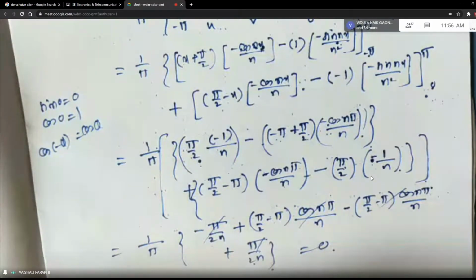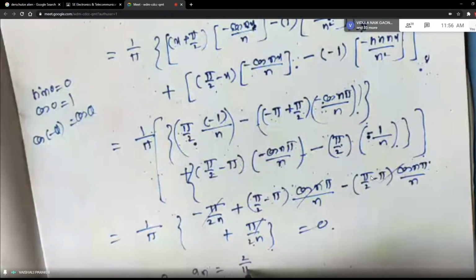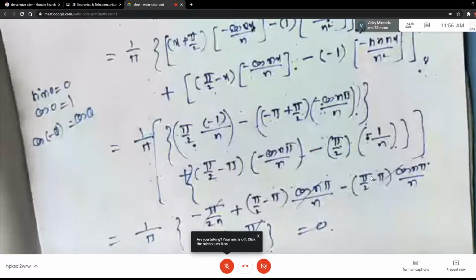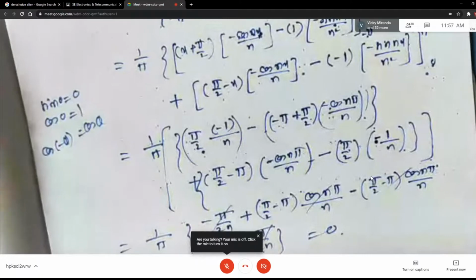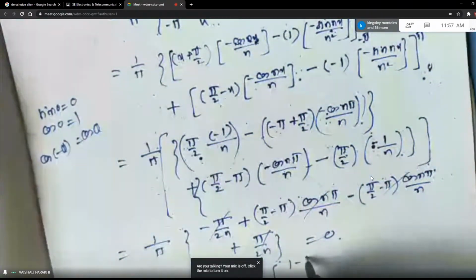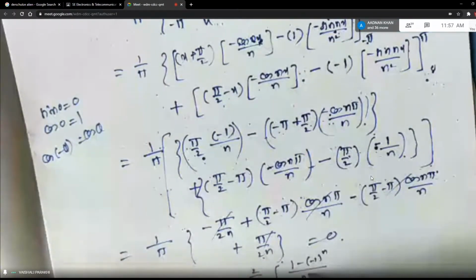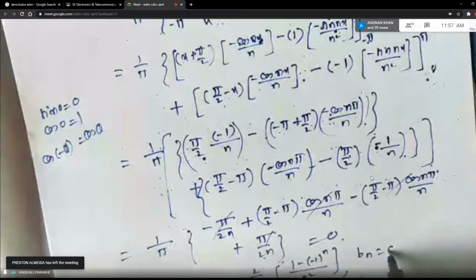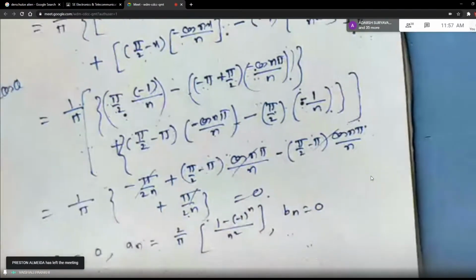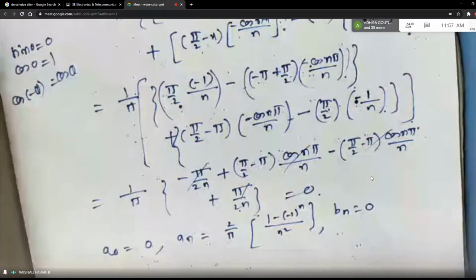Then An is 2 by pi times (1 minus (-1) raised to n) divided by n square, and Bn is equal to 0. So we got all three Fourier coefficients: A naught, An and Bn are called Fourier coefficients.